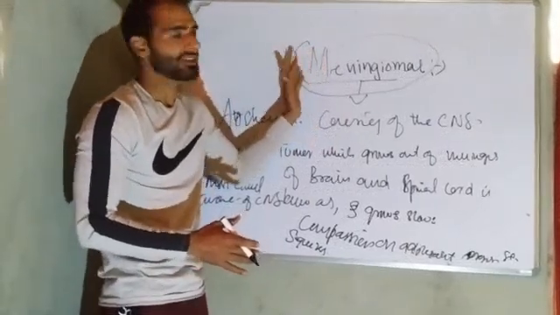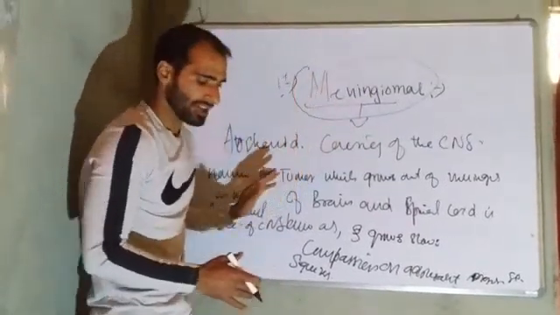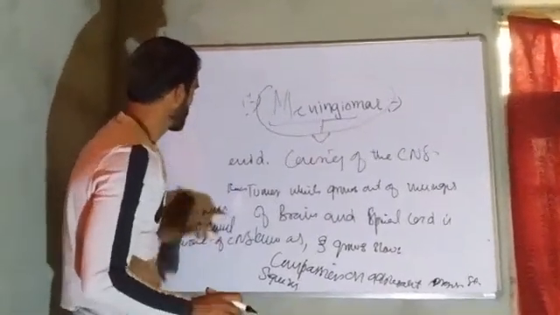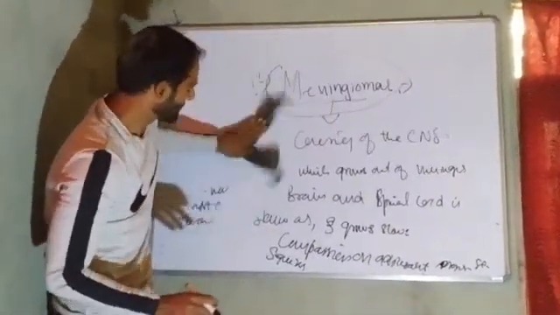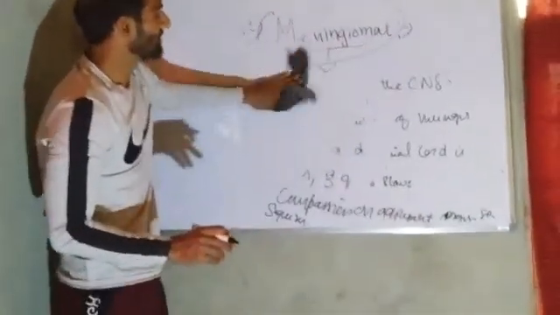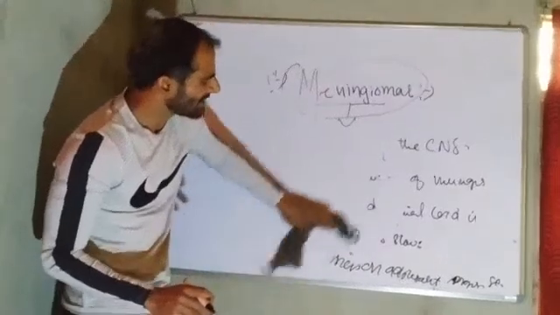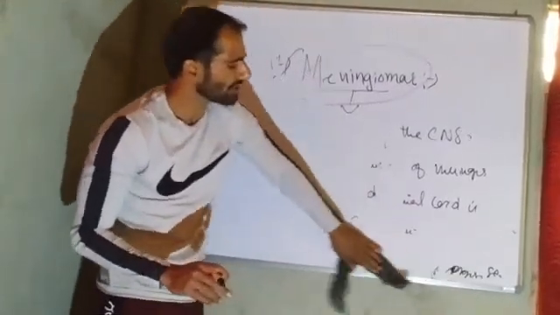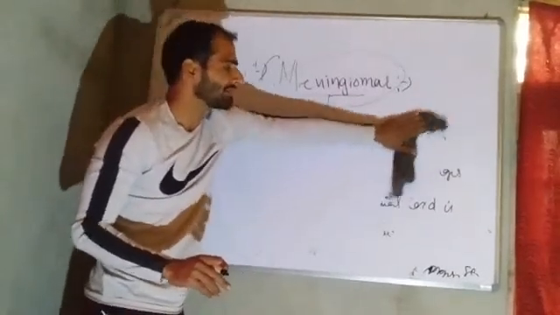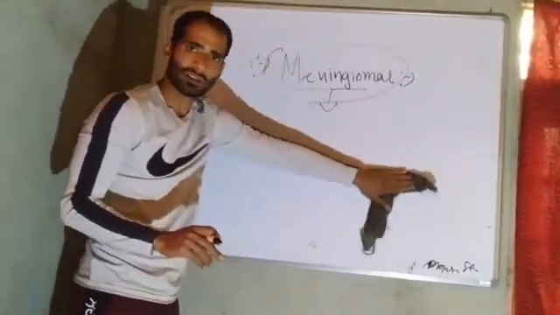Next we will talk about the other signs and symptoms seen in patients with meningiomas. The signs and symptoms do not develop abruptly. Meningioma is a tumor that does not cause so much harm to the patient, so the signs and symptoms usually develop slowly.